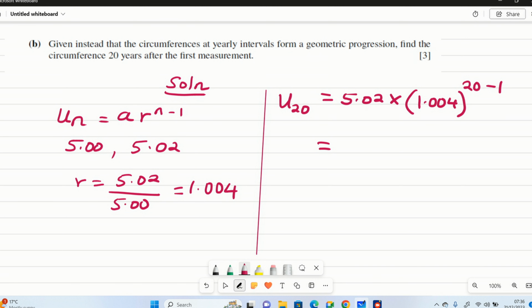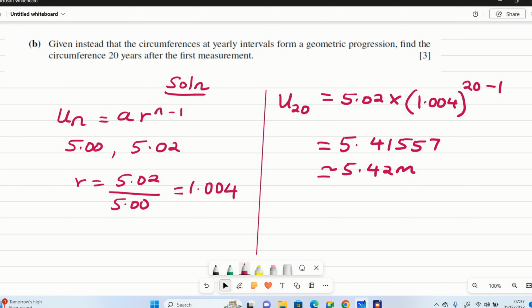So you have 5.02 times, in brackets, 1.004, raised to the power of 19. That's 20 minus 1. So you get 5.41557. So this is roughly 5.42 meters.